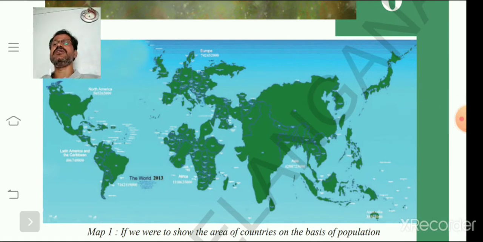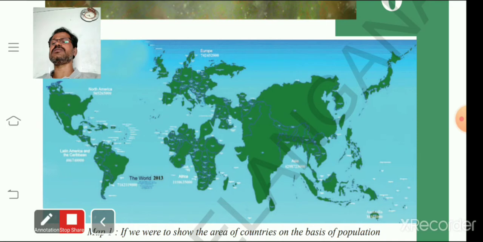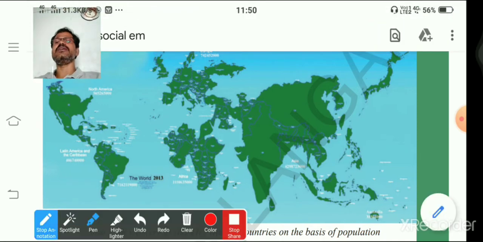What do you see here, my dear students? Here we find China is very large one, right? It is drawn very big in size. Then after our India also drawn big one.